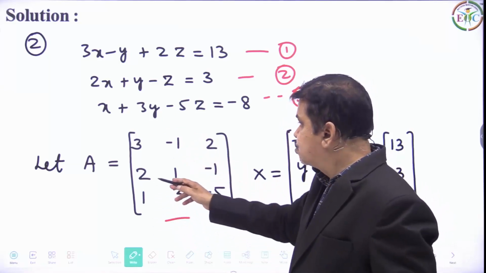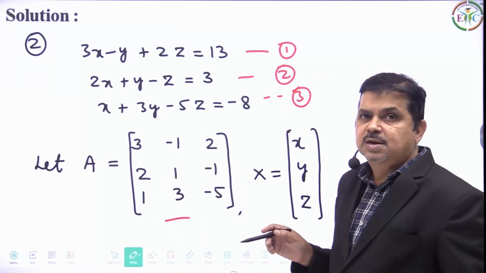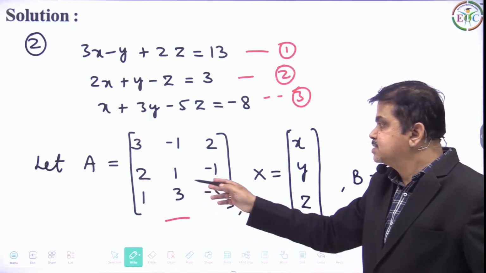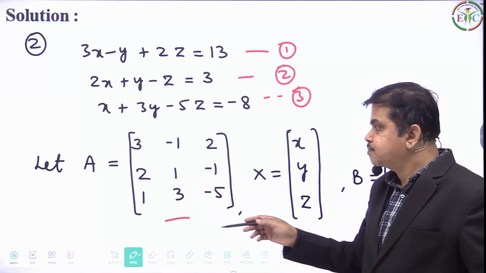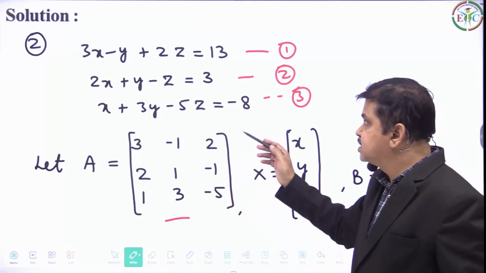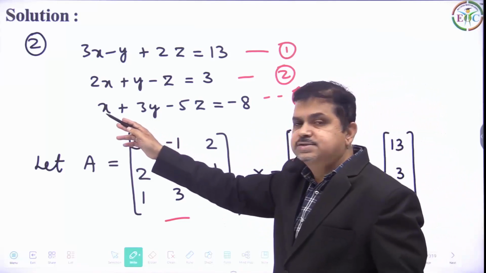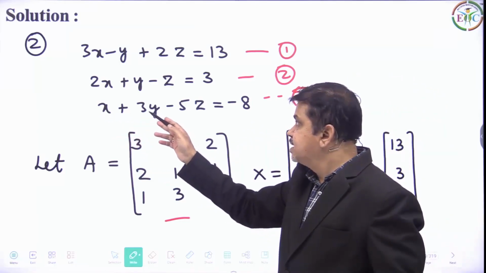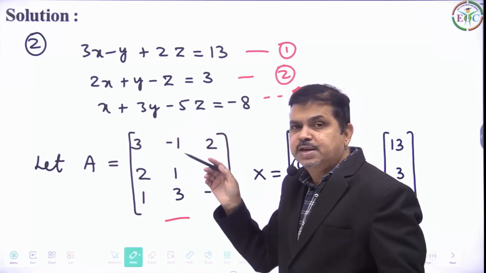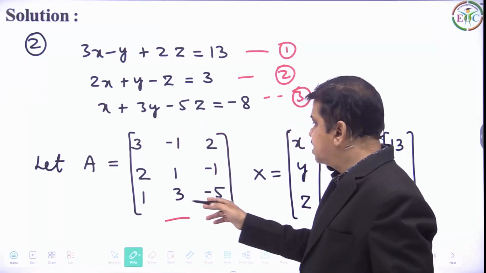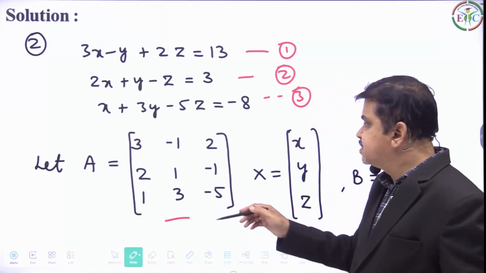So we have 2, 1 and minus 1 as the elements of the second row. In equation 3, the coefficient of x is 1, of y is 3, and of z is minus 5. So 1, 3 and minus 5 are the elements of the third row.